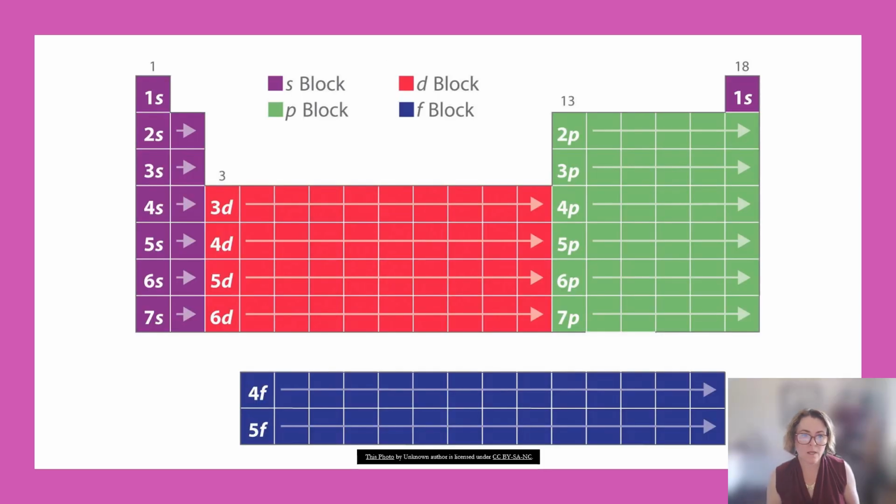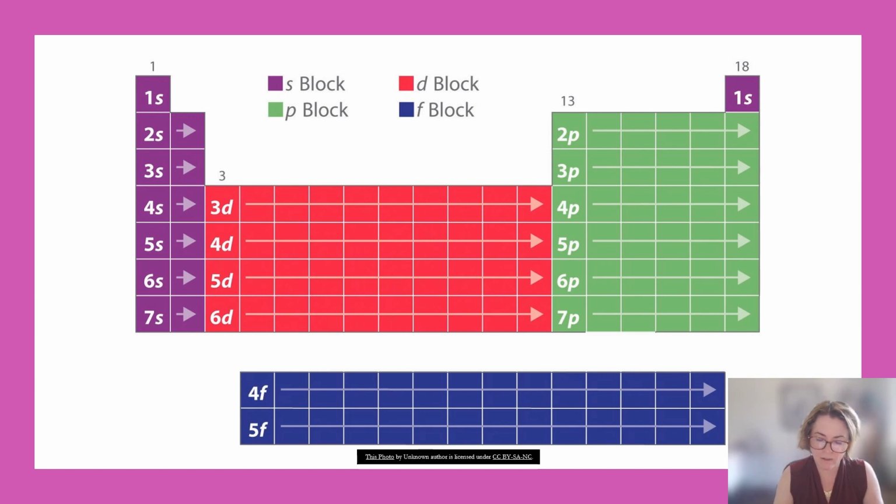Okay, so this basically shows you exactly what we just talked about in the previous slide, and has you write on your periodic table where the S block, the P block, the D block, and the F block are. Now, the one thing this slide highlights is this number out in front of the block.